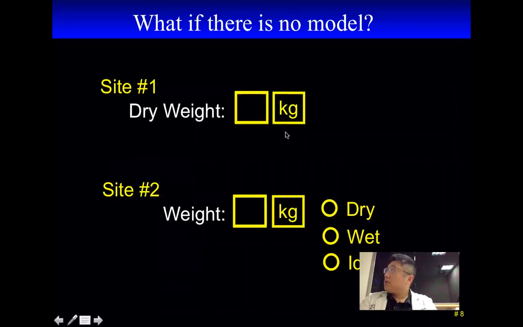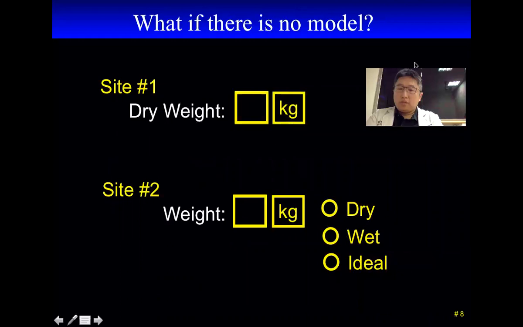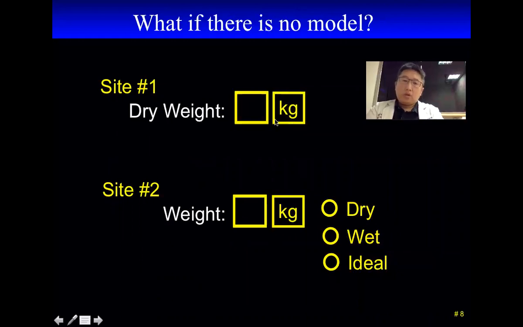Another example is dry weight or weight dry, okay? Because, for example, you may wear clothes or not wear clothes. So you can have a dry weight in kilograms, and you can also have the weight, put the number here, but also have a dry weight, okay? So this one shows that modeling is important.